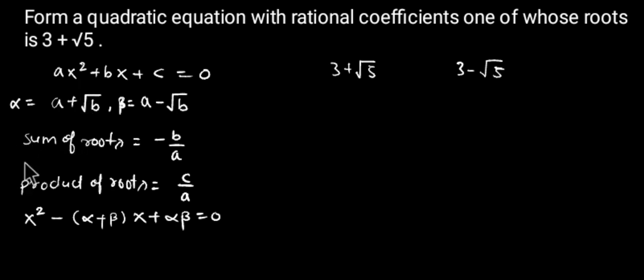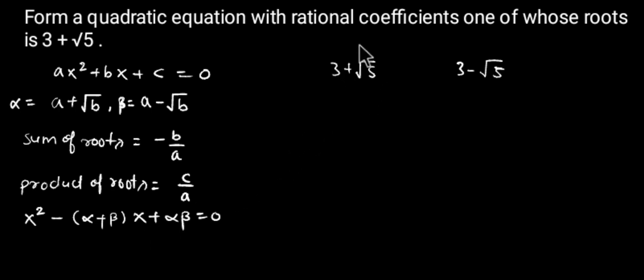Now if we are given the sum of the roots and the product of the roots of any quadratic equation, we can find the required quadratic equation in this manner: x square minus (alpha plus beta) into x plus alpha into beta equal to 0. It means I can find any quadratic equation if we are given its two roots, then we can find the sum of the roots, the product of the roots, and generate the required quadratic equation.